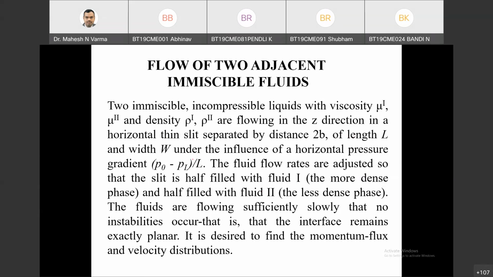So there are two parallel plates of length L and width W. Okay, there are two parallel plates of length L and width W. So this is one parallel plate.